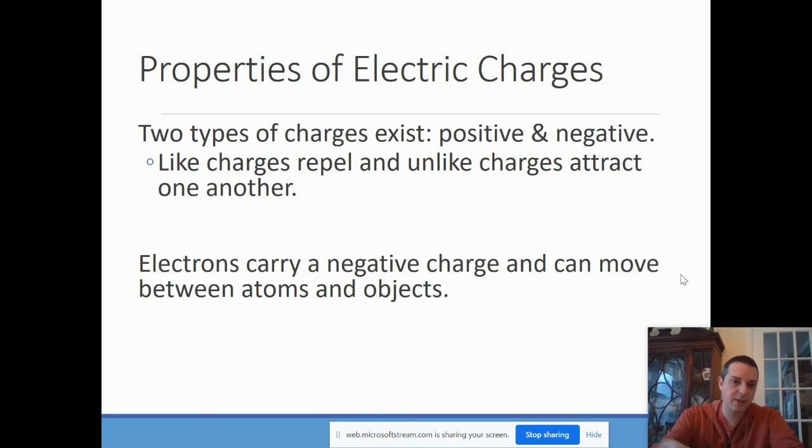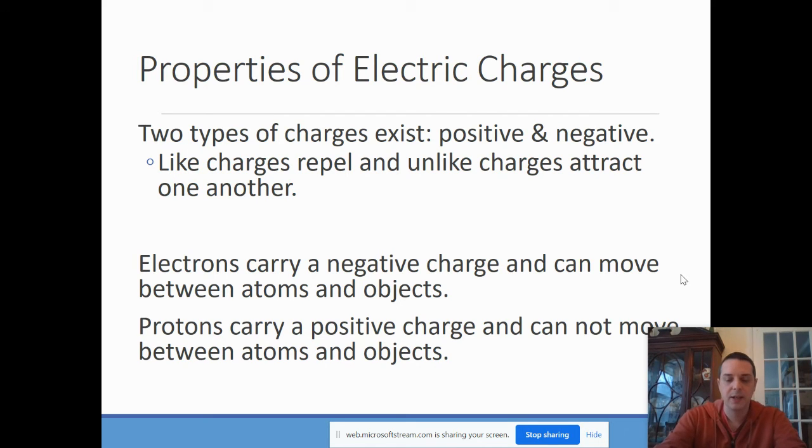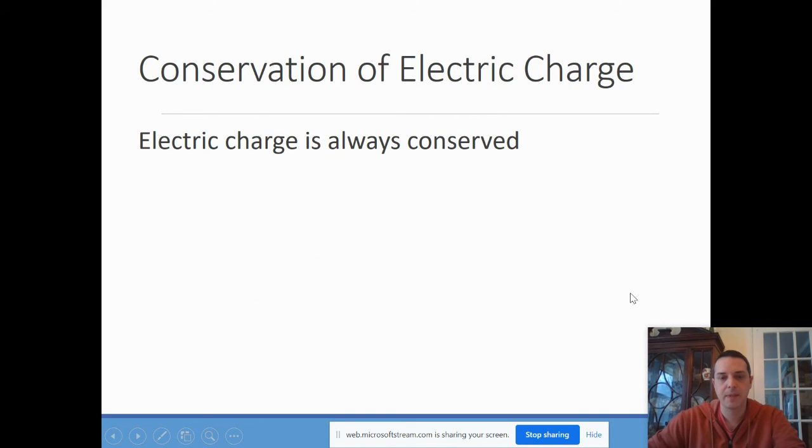So it has more electrons than protons, electrons being gained, that's a negative charge. Contrary, protons carry positive charge. They can't move between atoms and objects. So if an object is becoming positively charged, it's because it's lost electrons.